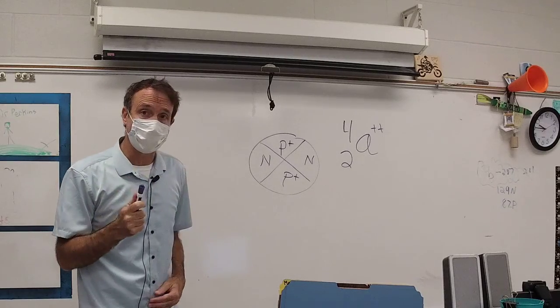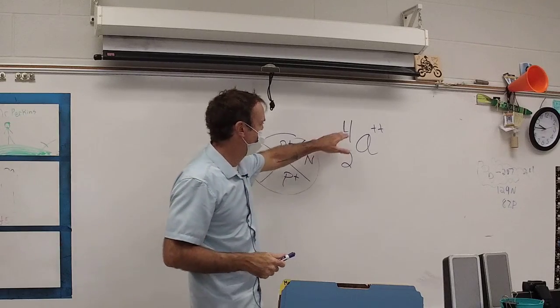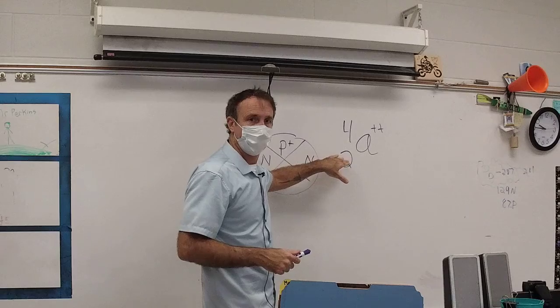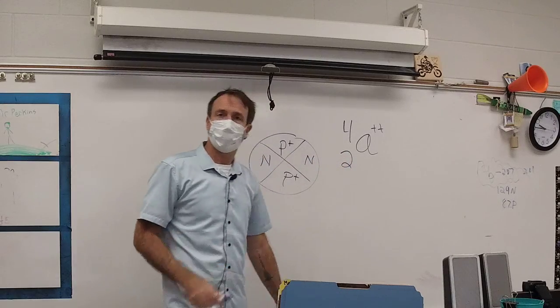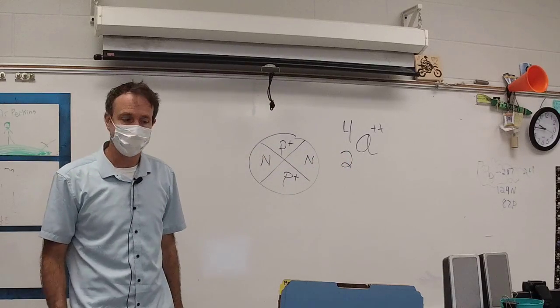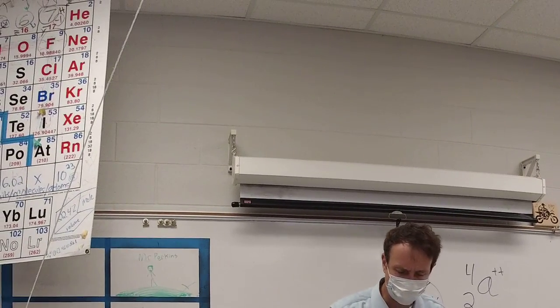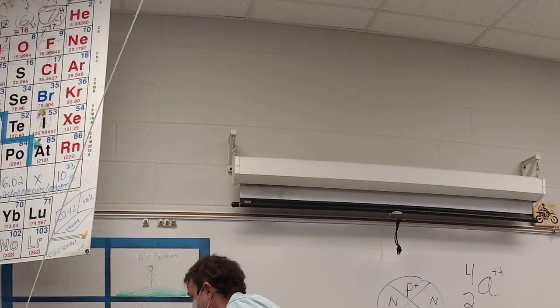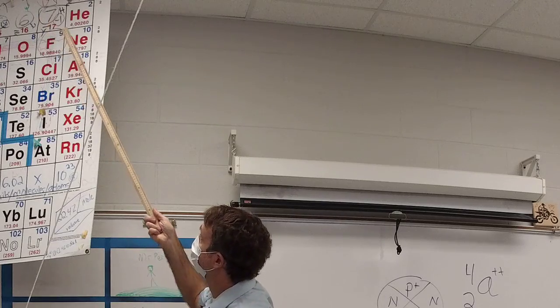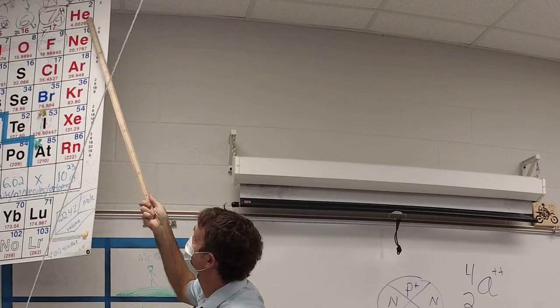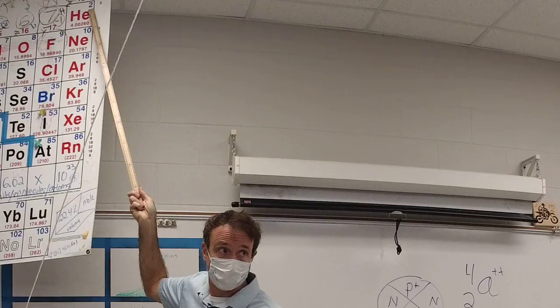Now, if you're thinking, you're like, Mr. Perkins, something that weighs 4 and has 2 protons, that to me sounds like helium, right? Look up here at helium on the top. You see helium right here? Doesn't helium weigh 4 and have 2 protons, right?